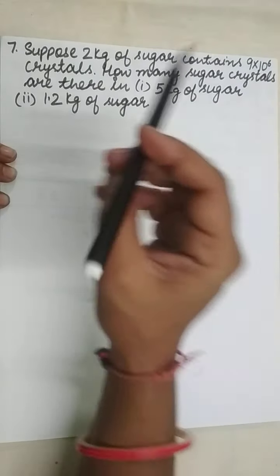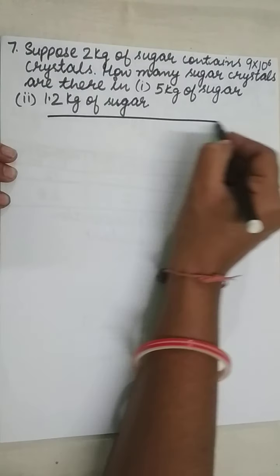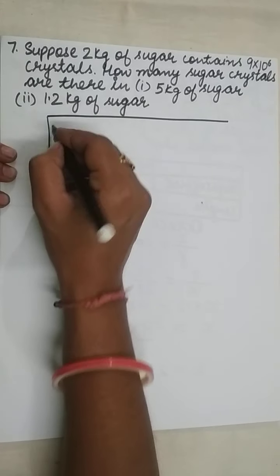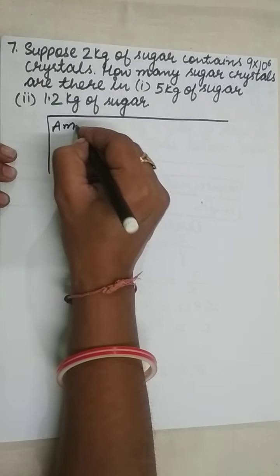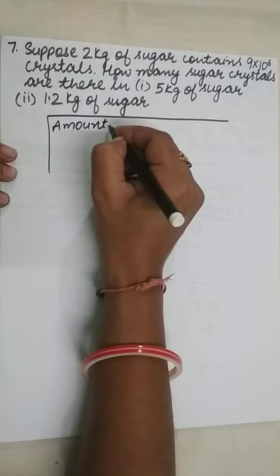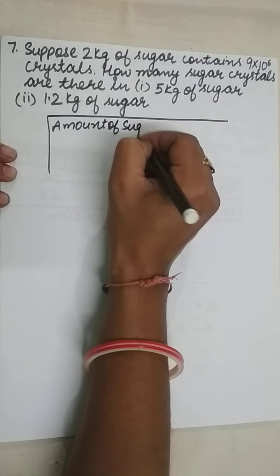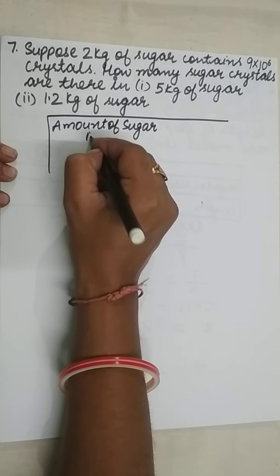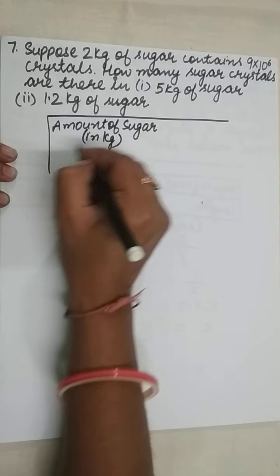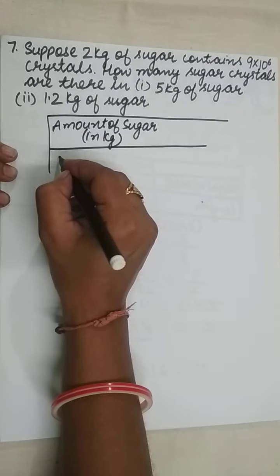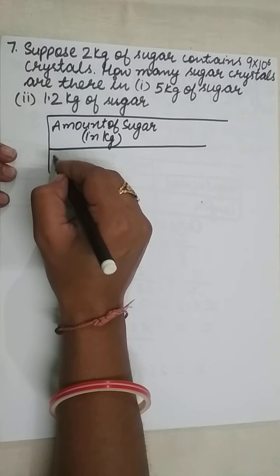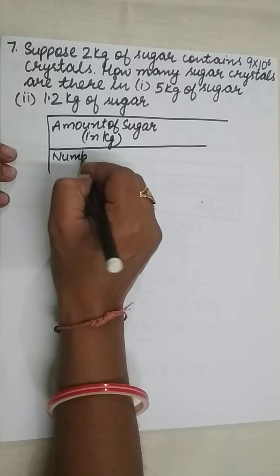So firstly the values are amount of sugar, that is in kilograms, and the second one is number of crystals.